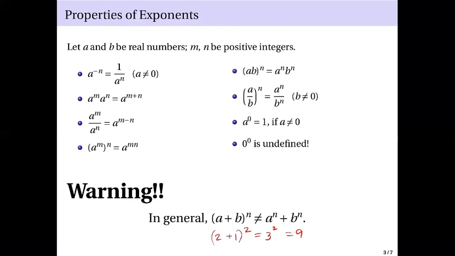On the other hand, you have 2 squared plus 1 squared. 2 squared is 4, 1 squared is just 1, so this is equal to 5. And observe that they are not the same. So this is an example where this is true, in the sense that you cannot distribute the power n over the sum. Again, you can distribute the power n over the product, but not over the sum.